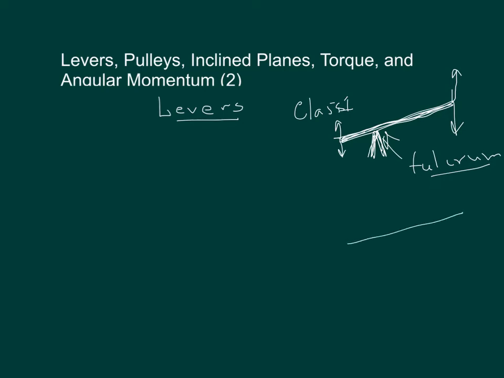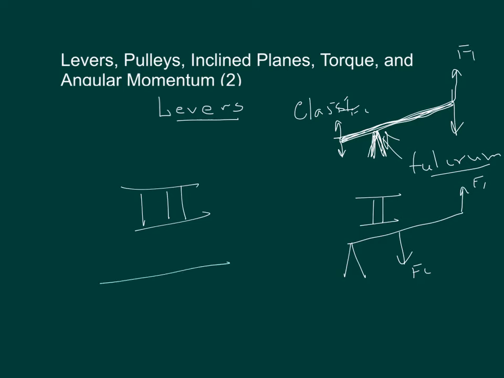In what is called a class 2 lever, this would be your main force, F1, and F2 would be something here. And in the third type of lever, you have the fulcrum here, and you're pulling up here with your force F1, and you're lifting a weight here, we'll call F2.